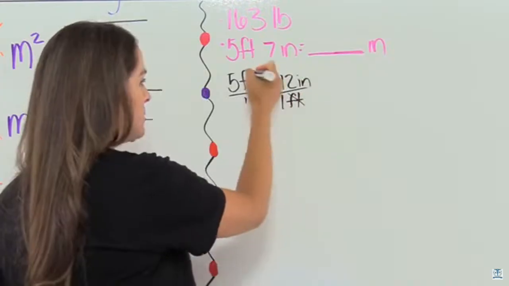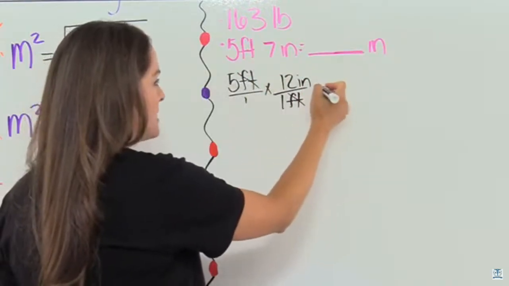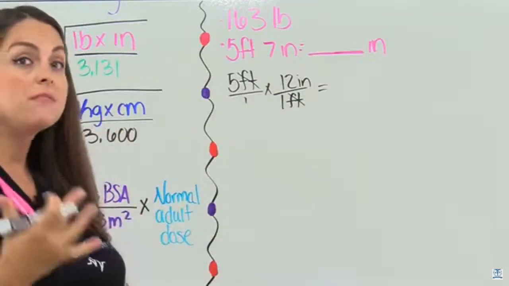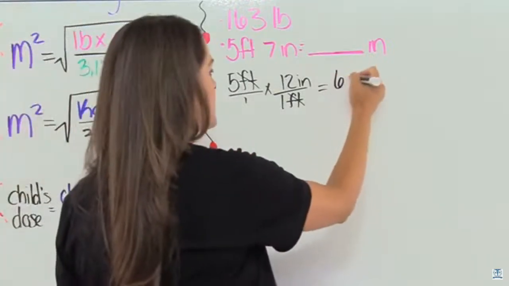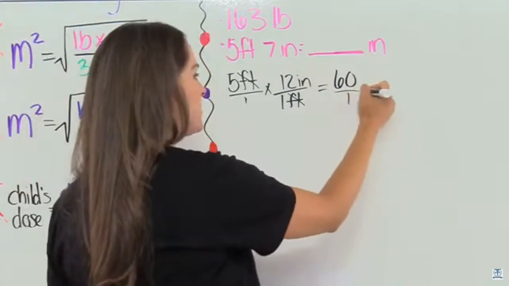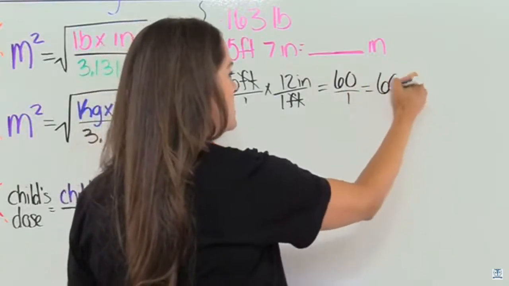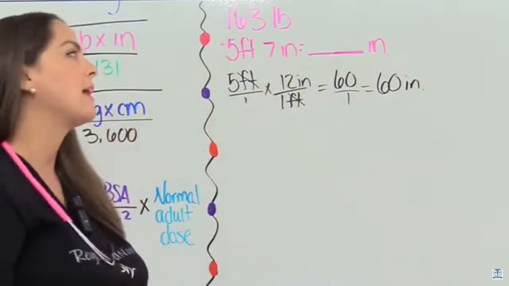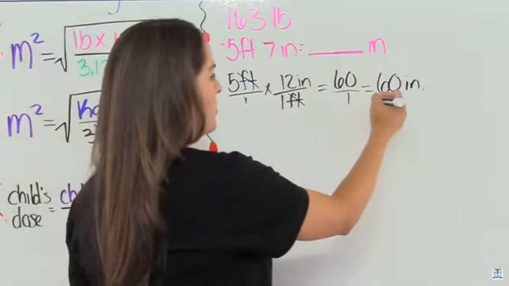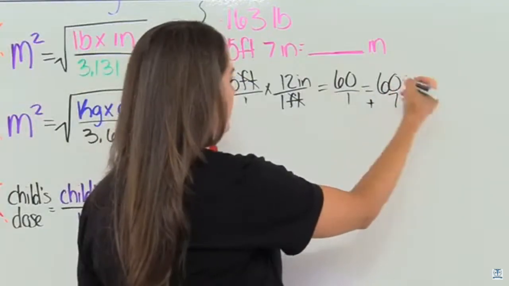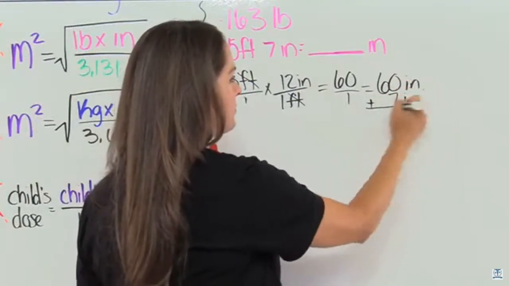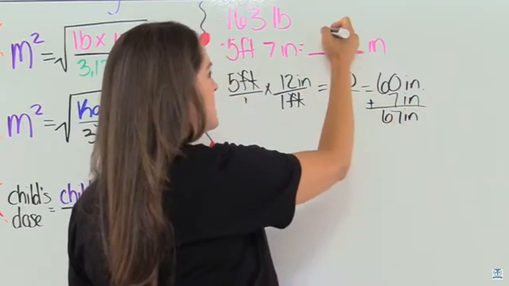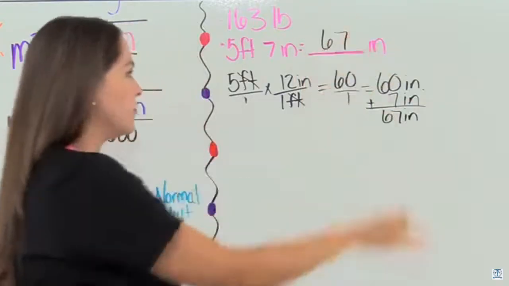We multiply everything at the top and everything at the bottom and then divide. 5 times 12 is 60. 1 times 1 is 1, and that converts to 60 inches. Now, the patient still is a little bit taller than that. They're 7 more inches, so we're just going to add that leftover. 60 plus 7 is 67. So our patient is 67 inches total.